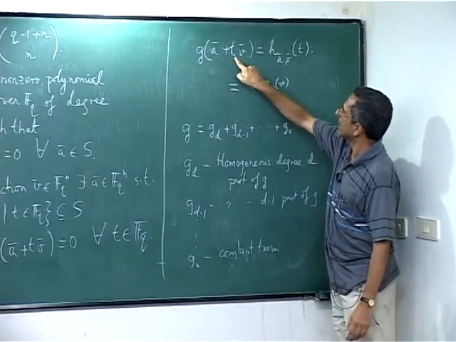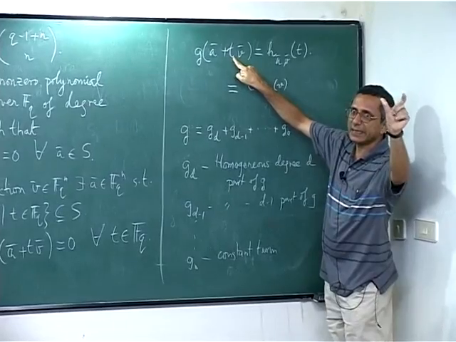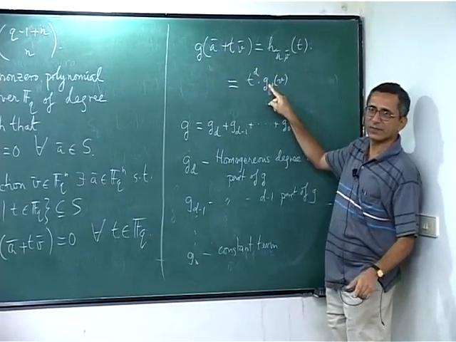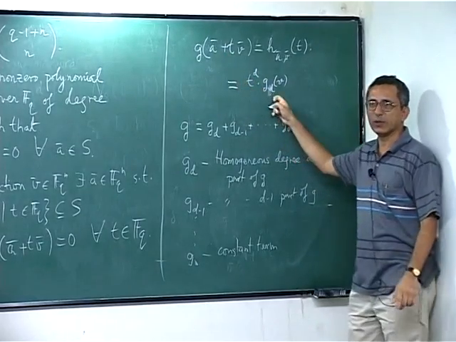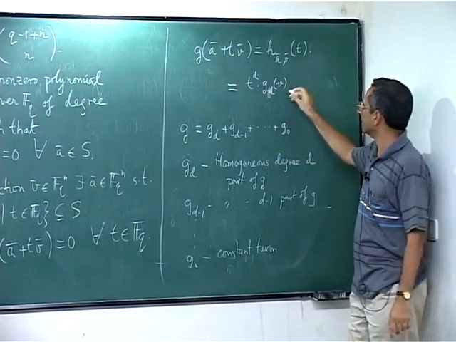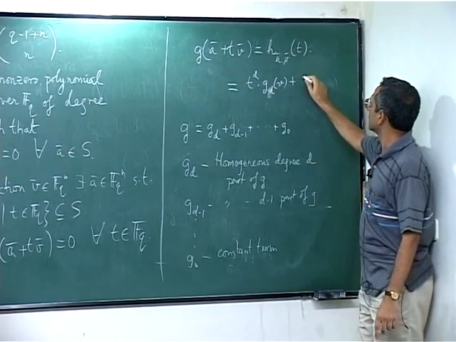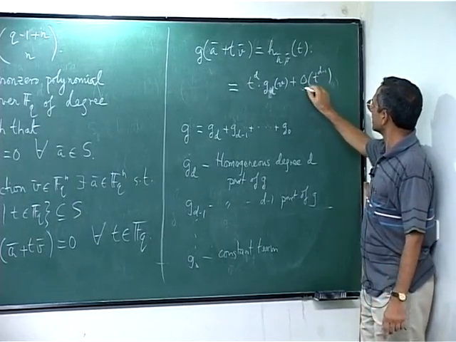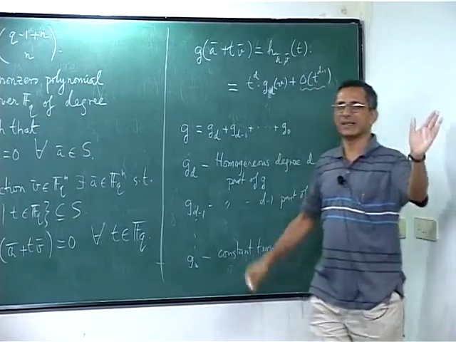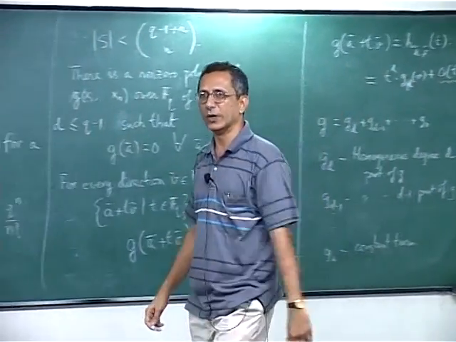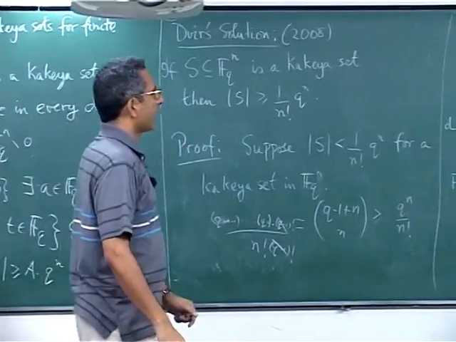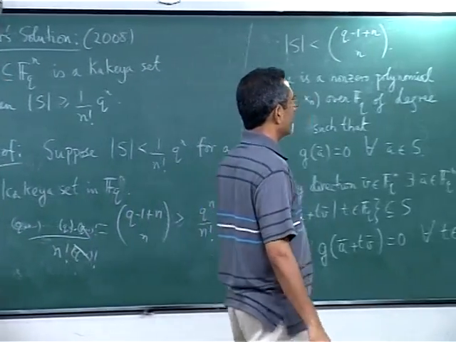When you expand this, in every degree D term I should be taking this part. That means I won't be taking the A part, only then I will get the maximum degree possible, plus the other terms. Let me write it as order T to the D minus 1. This notation means that it's degree D minus 1 and lower. So that's what my polynomial h of A bar V bar of T looks like.